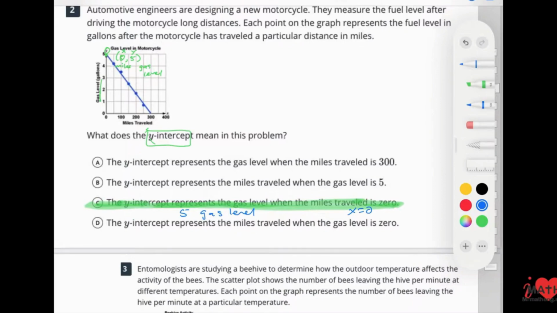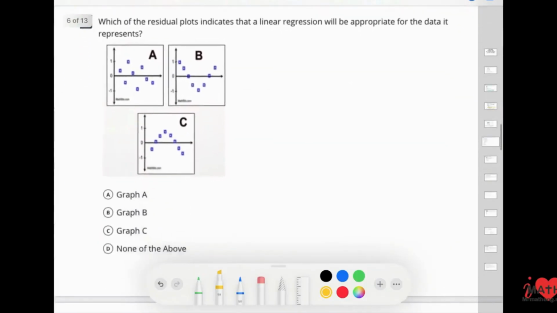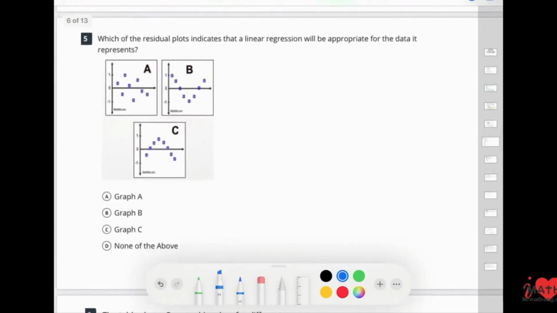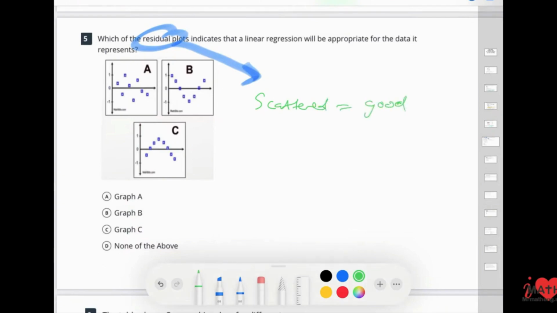Okay, let's try now the next one. Question number 5. Which of the residual plots indicates that a linear regression will be appropriate for the data it represents? So remember, residual plots, when it is scattered, it is good to use whatever we're looking for.